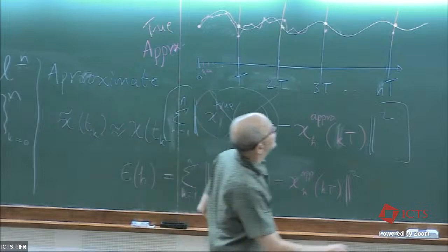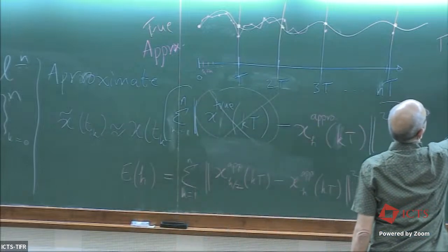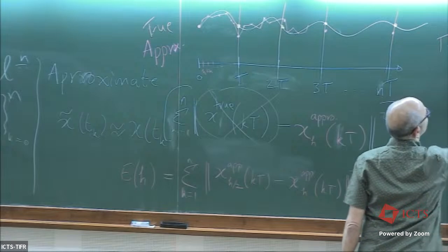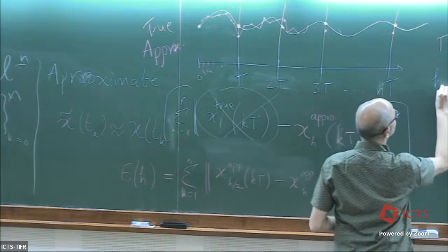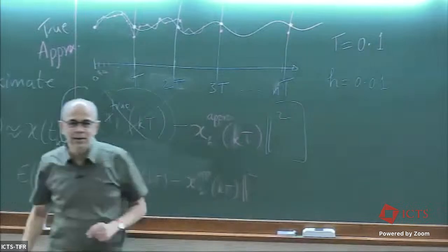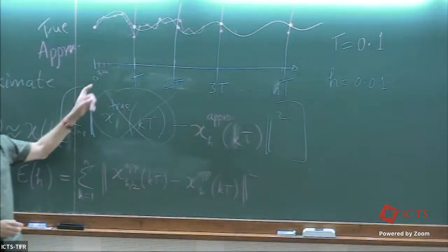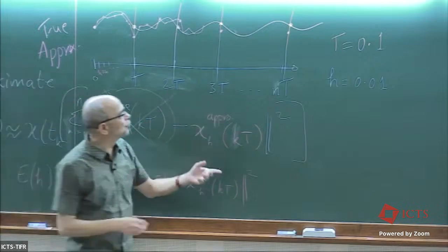Let's say that t starts at 0, and goes up to, I don't know, 0.1. And let's start with little h of 0.01. So essentially we'll take 10 steps to go up to 0.1, 10 more steps to go up to 0.2, and so on and so forth.